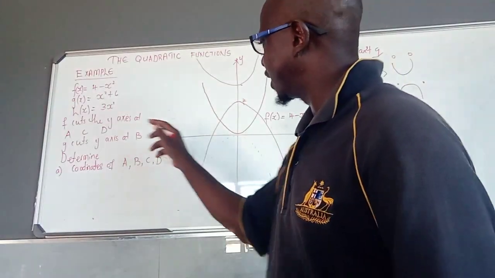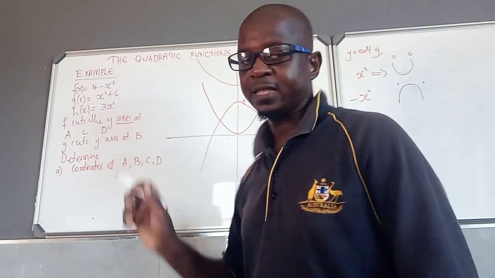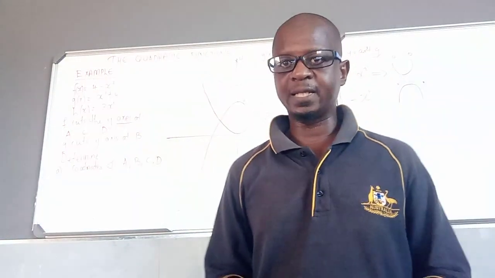We're saying the graph cuts the axis. When we say axis, we're talking about both the y-axis and x-axis.